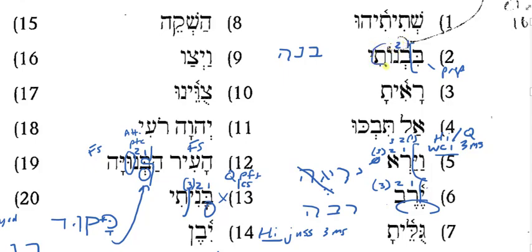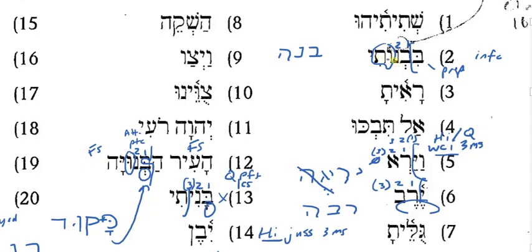Oat. If this is bana, what is oat on a 3-hay verb? 3-hay verbs get oat for the same form in all the 7 stems. That is the infinitive construct of 3-hay verbs. All right? Oat, oat, oat, oat, oat, all the way across.